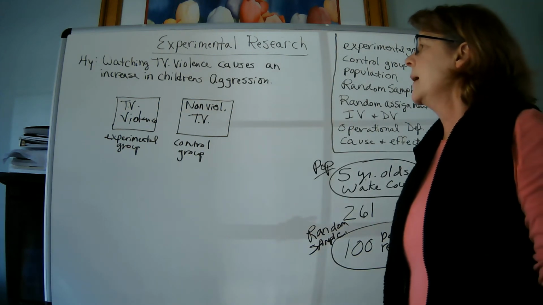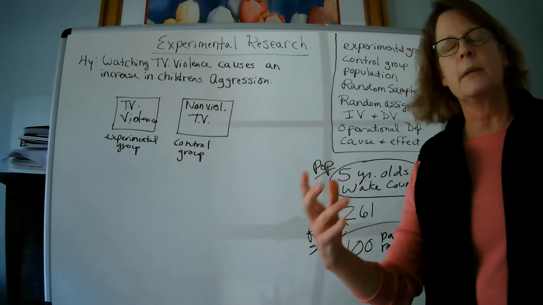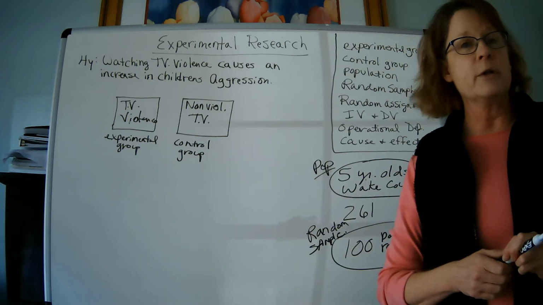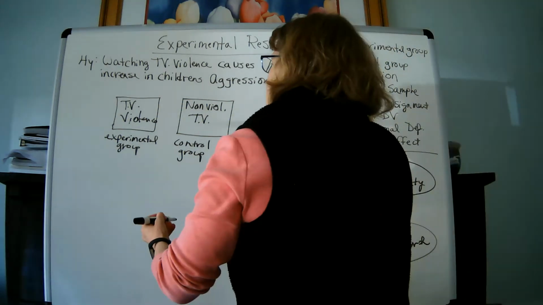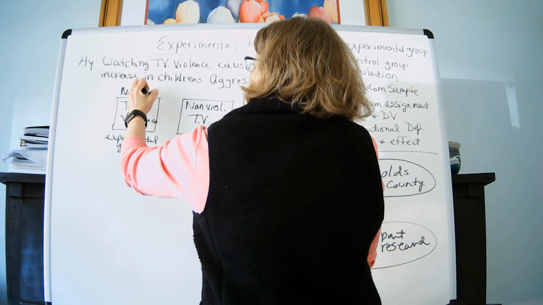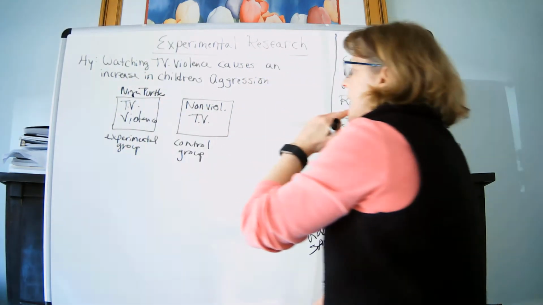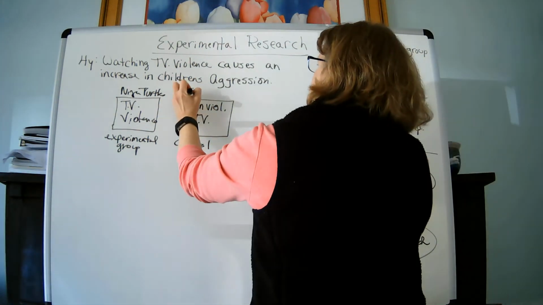So what would be a TV show that has some level of physical aggression or verbal aggression that 5-year-olds might watch? So maybe something like Ninja Turtles. Maybe we'll have them watch Ninja Turtles. And maybe for the non-violent, maybe we'll do Sesame Street.